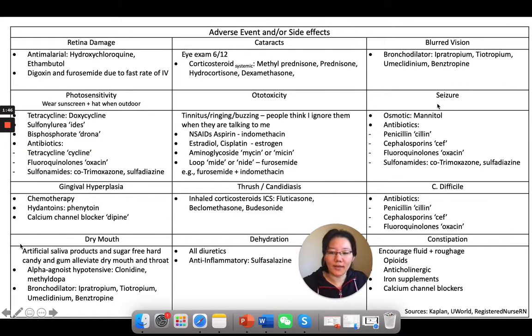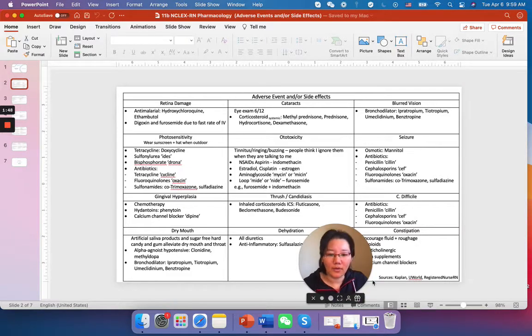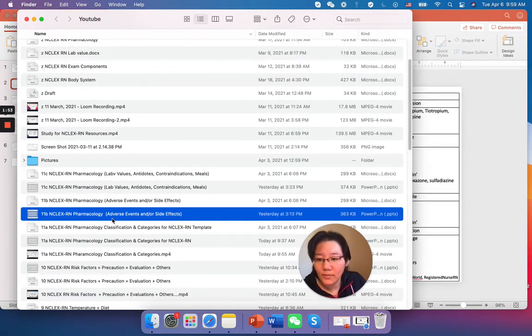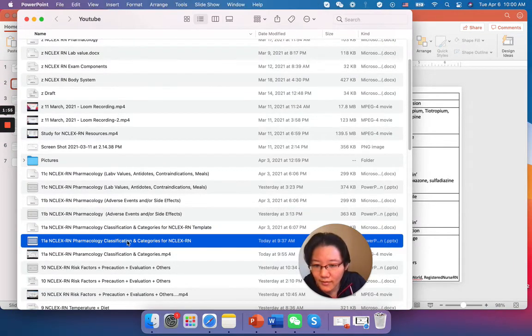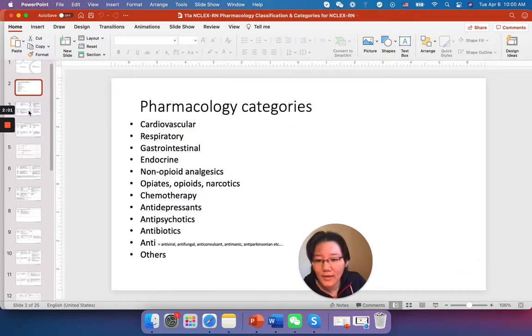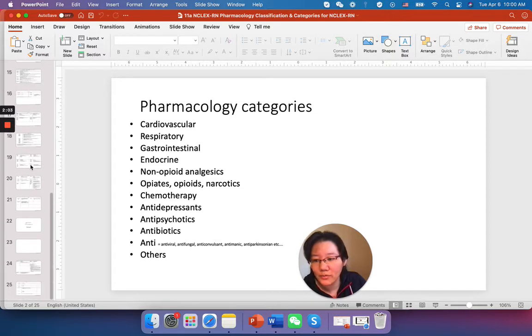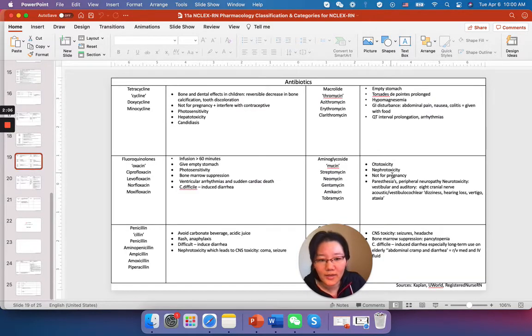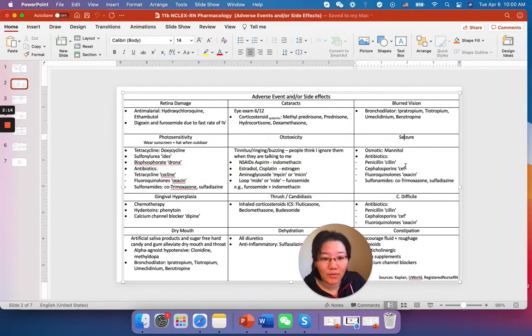So rather than having to remember the antibiotics one by one like this, which is so confusing, where you don't know which one causes seizure and which one doesn't, I just summarize it like this, so it's easy to remember.